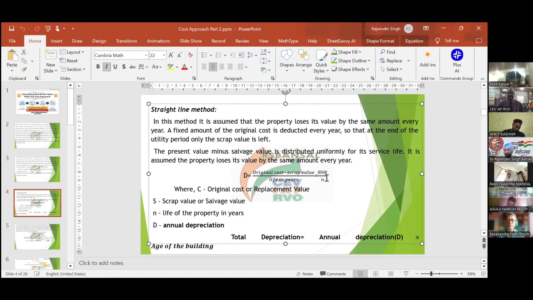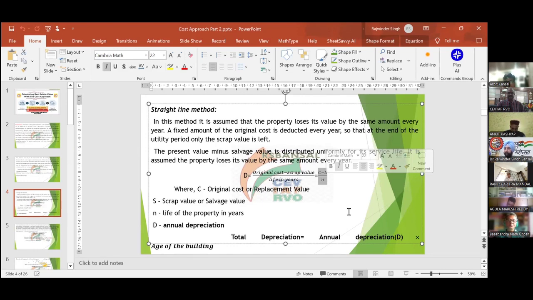In short, you can write (C minus S) upon N, where C is original cost, S is salvage value, and N is total life of the building. That is depreciation per year. That is how much depreciation will be in a single year, which you calculate as 1.5%.